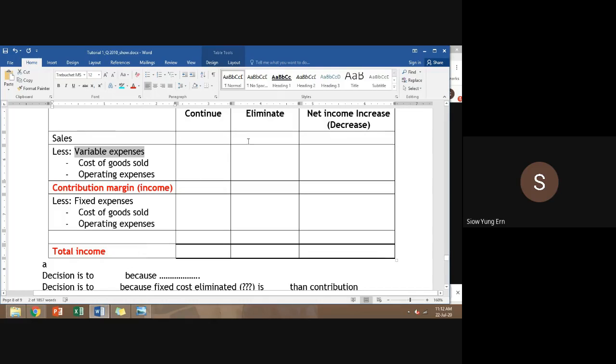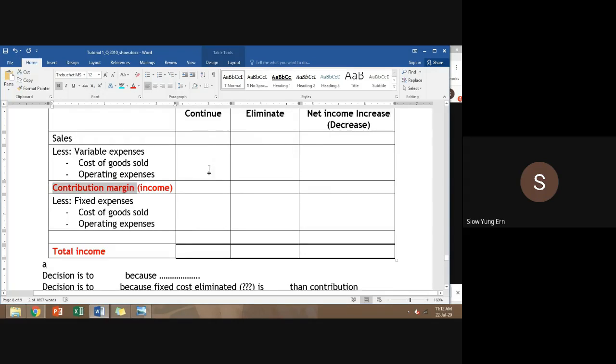If you eliminate, your variable portion is 0, and we want to see what fixed portion we can or cannot reduce.